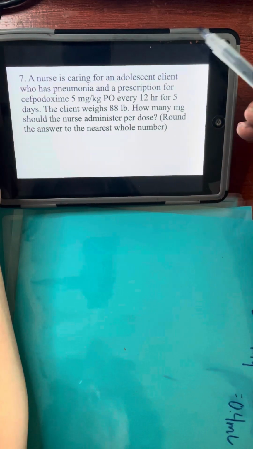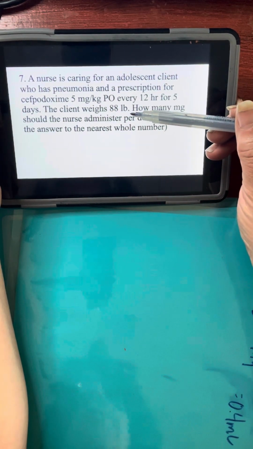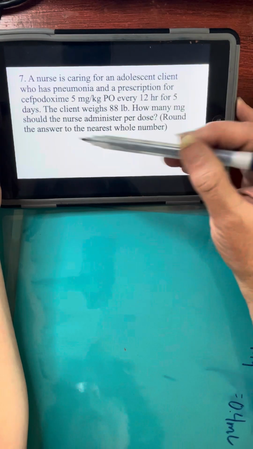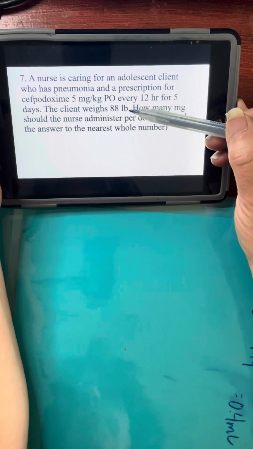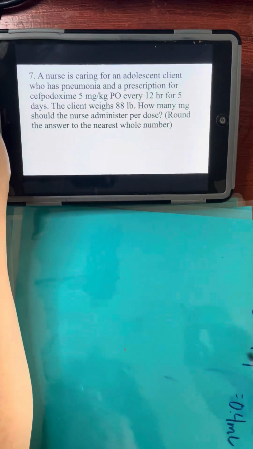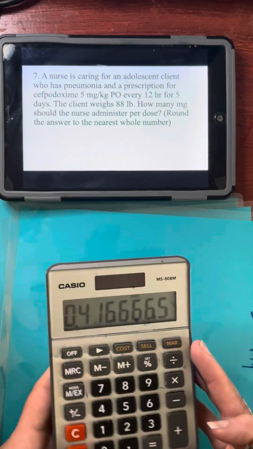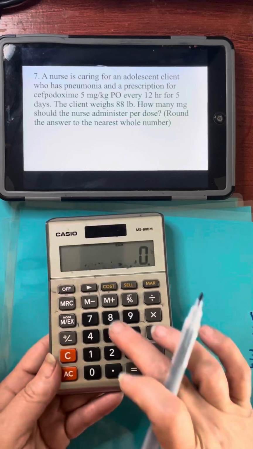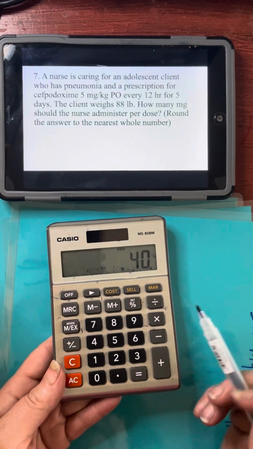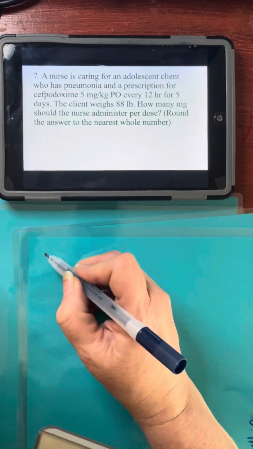Okay. The first thing you have to do is change the weight, because all medicine is done with the kilograms, not the pounds. And you have to know that you're going to divide the pounds by 2.2. So 88 divided by 2.2 is 40 kilograms.